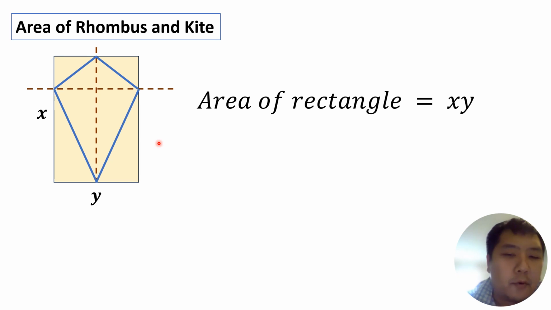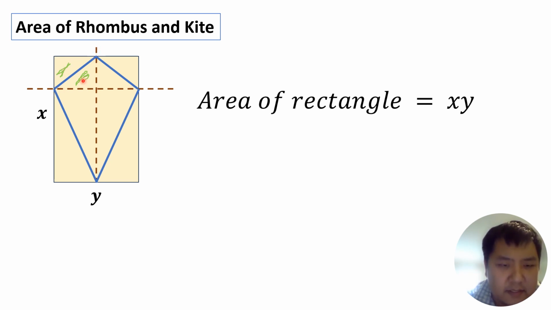Now, what do you realize about this area here and this area here? They are the same area, because all we did was take this rectangle here and cut it in half.